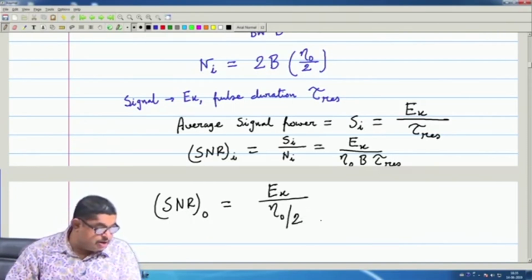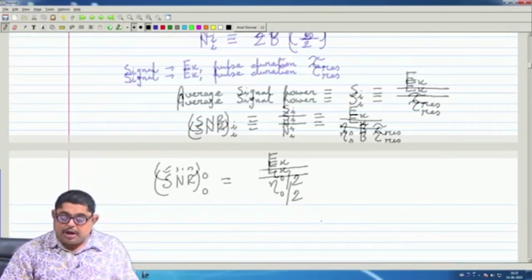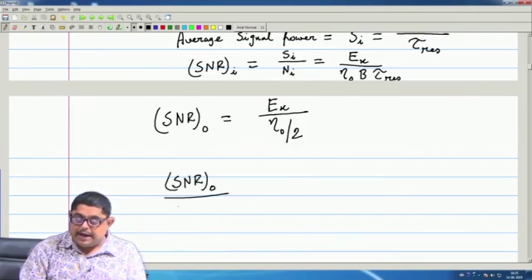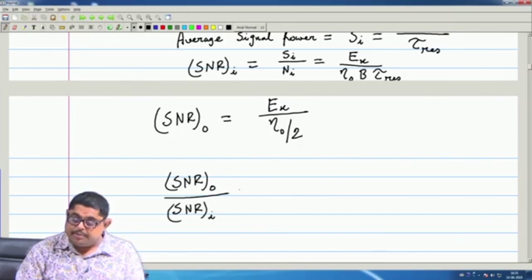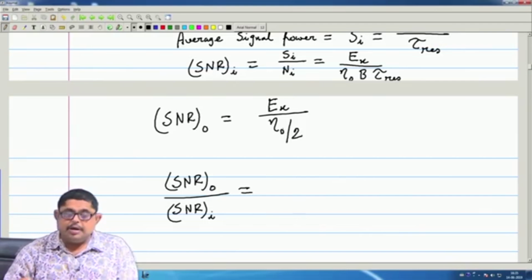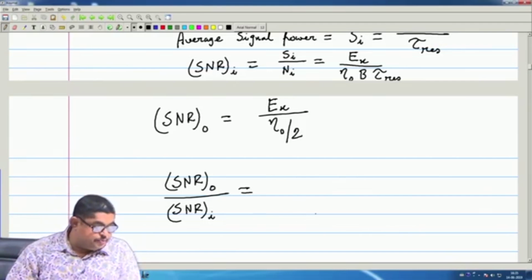This we have already seen. So, now what I will do, I will make the SNR gain sort of thing, SNR out by SNR in of the matched filter, provided I sample it at the proper time t is equal to T naught.